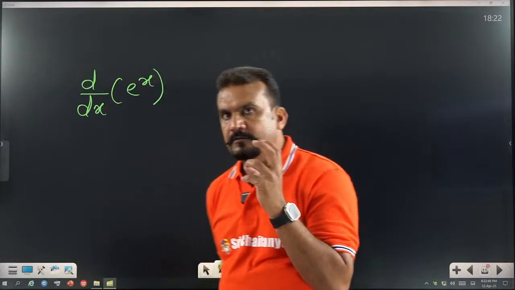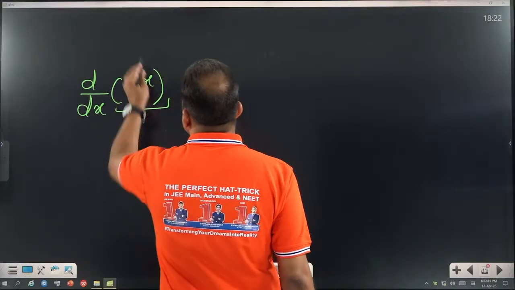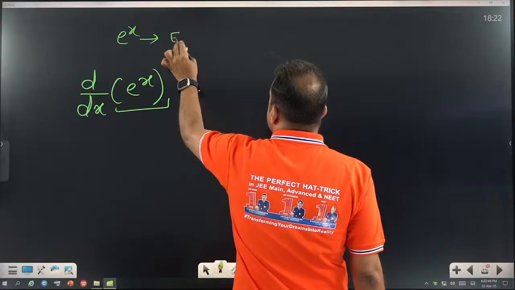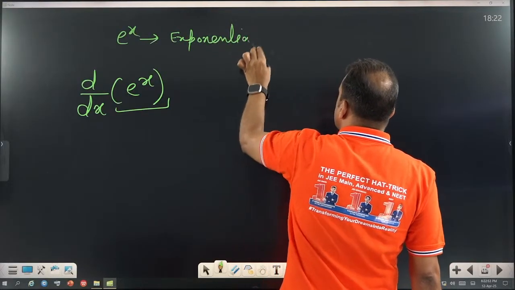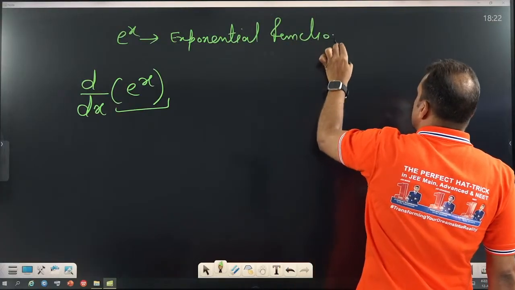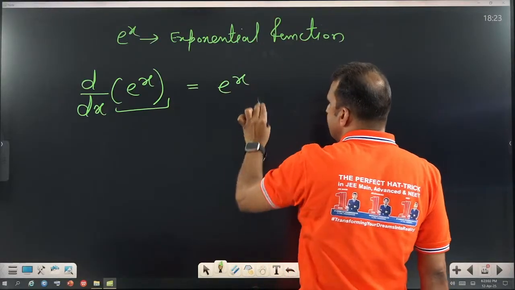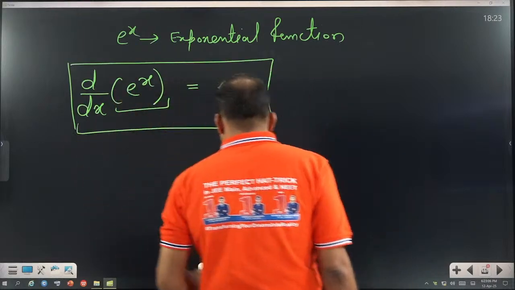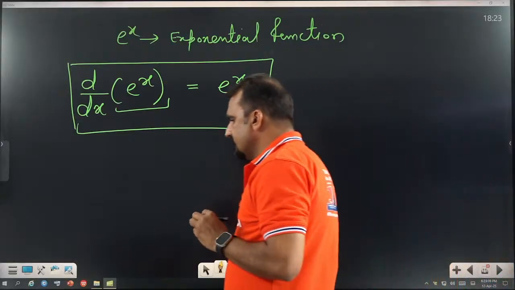For our information, we just need to know what e is. e power x itself is called the exponential function. You remember that only. Exponential function. What is the differentiation of e power x? Its differentiation is going to be e power x only. You remember this formula.